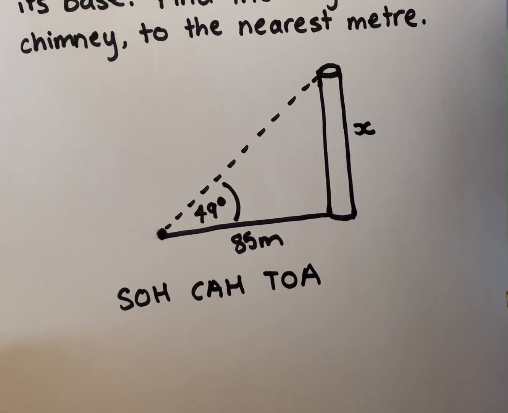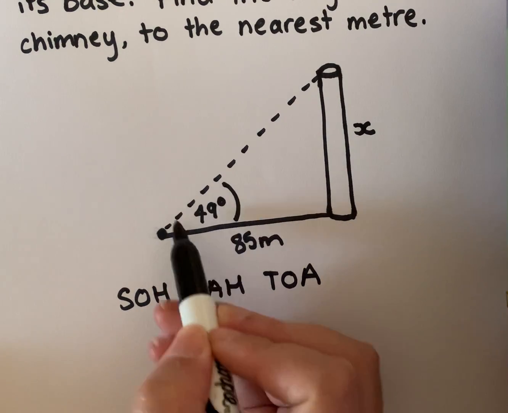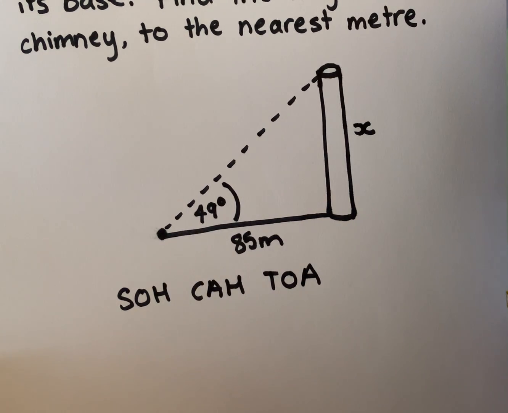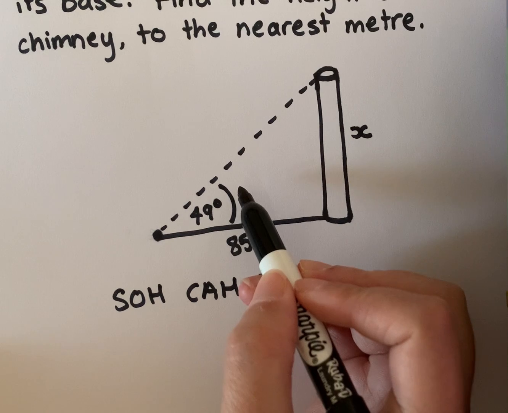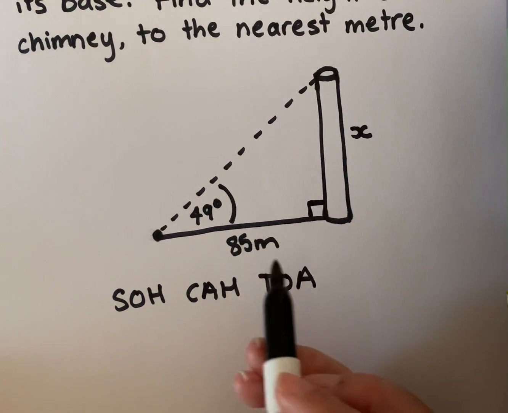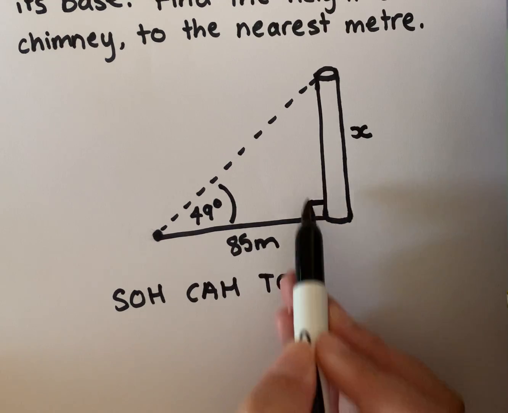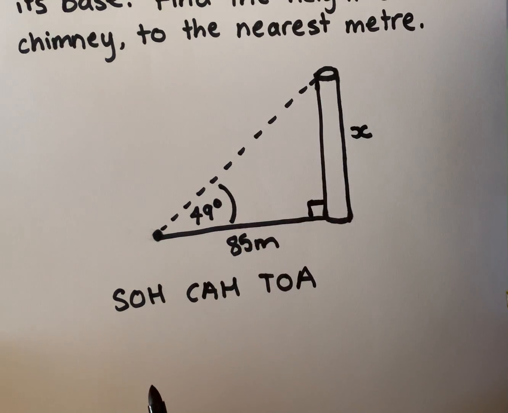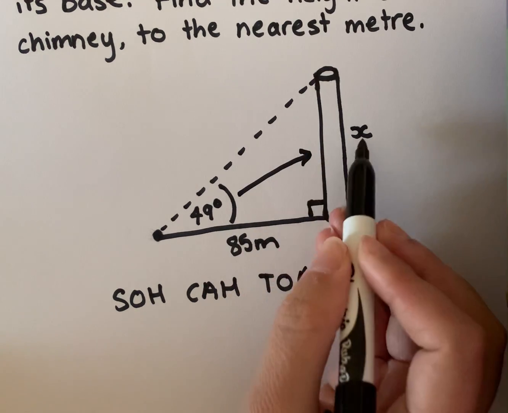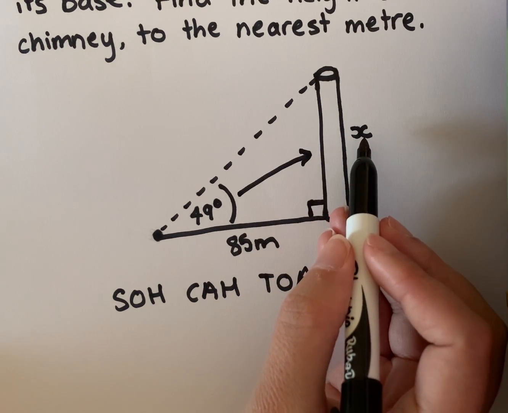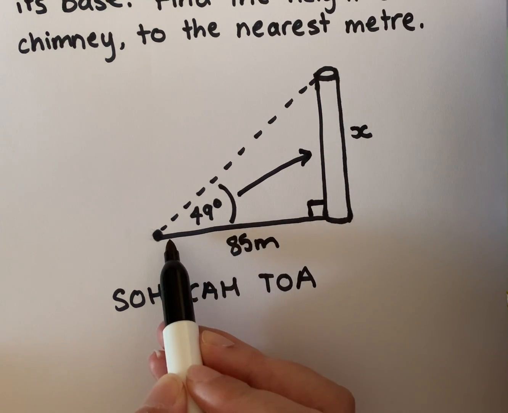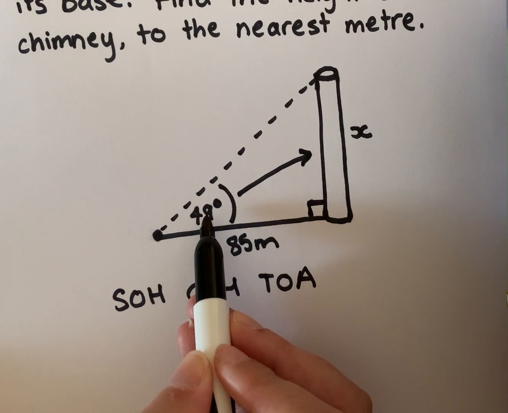Well, in relation to our given angle, our angle here is 49 degrees. Which two sides do we have? You can see that, well, if this is our right angle here, that's obviously our right angle because that's the horizontal and that's the vertical chimney. So we've got our opposite side here. We're working with this side x. That's what we want to find. And we've also got our adjacent side here. This is adjacent to our angle.